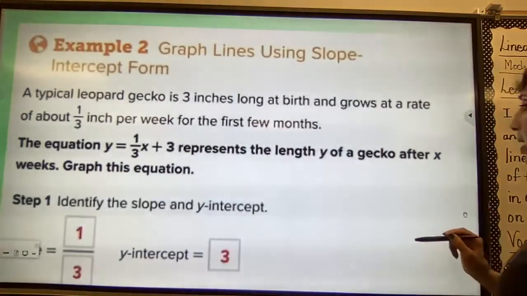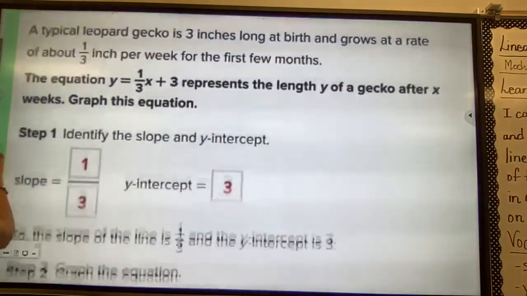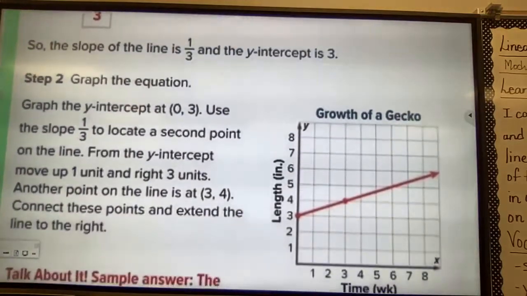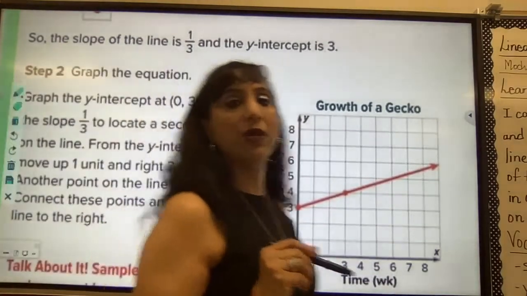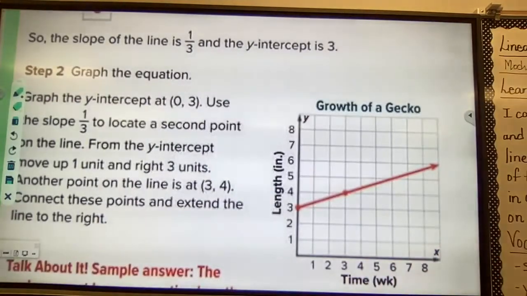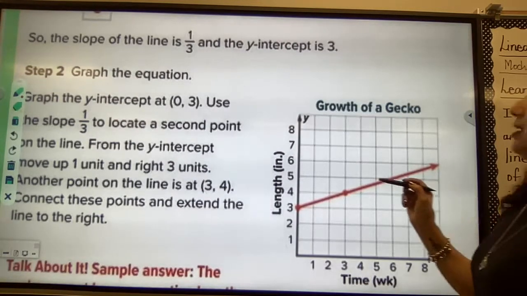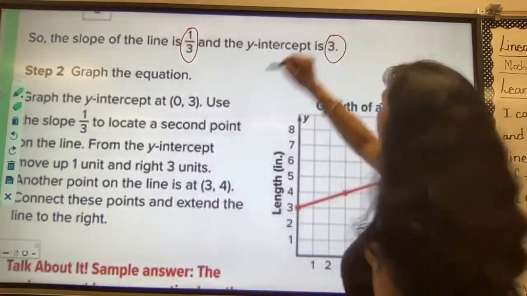So let me get this for you. And this is what I want to show you. Okay, all right, we have this. So let's look at that. Once again, what was my equation? My slope of the line was based on my equation, which was 1/3 x plus 3, right? So the slope of the line is how much? 1/3. And the y-intercept is 3.